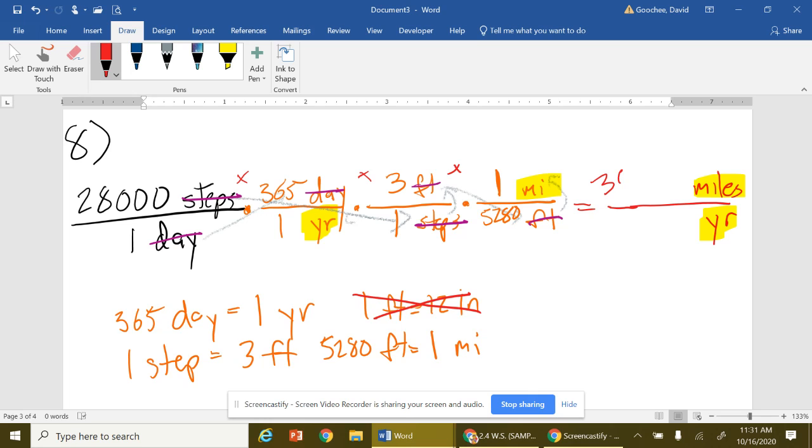It's 3,066,000 miles on top, but on the bottom, 1 times 1 times 1 times 5,280 is 5,280. So we have to do a little bit of division here. 3,066,000 divided by 5,280.